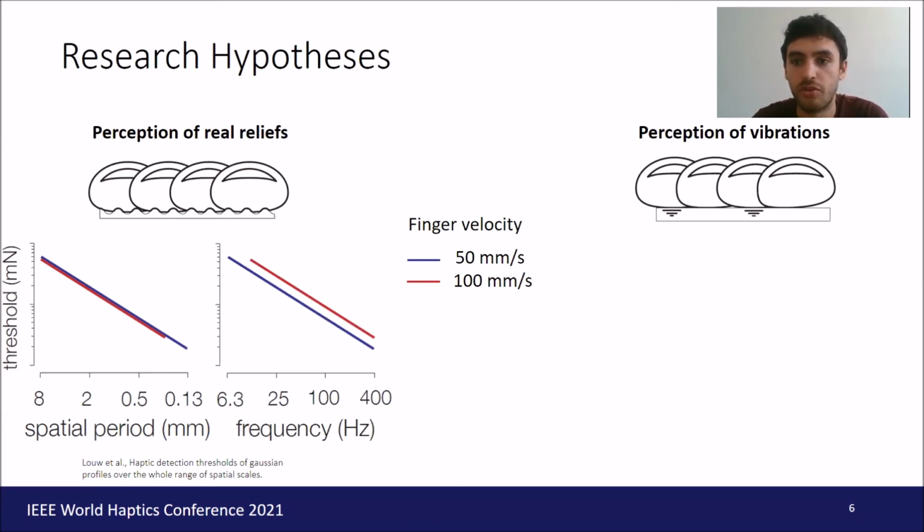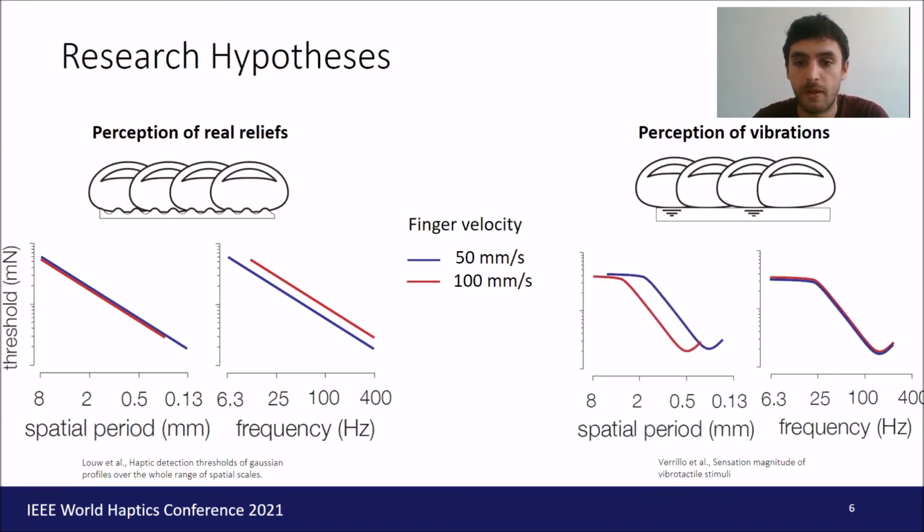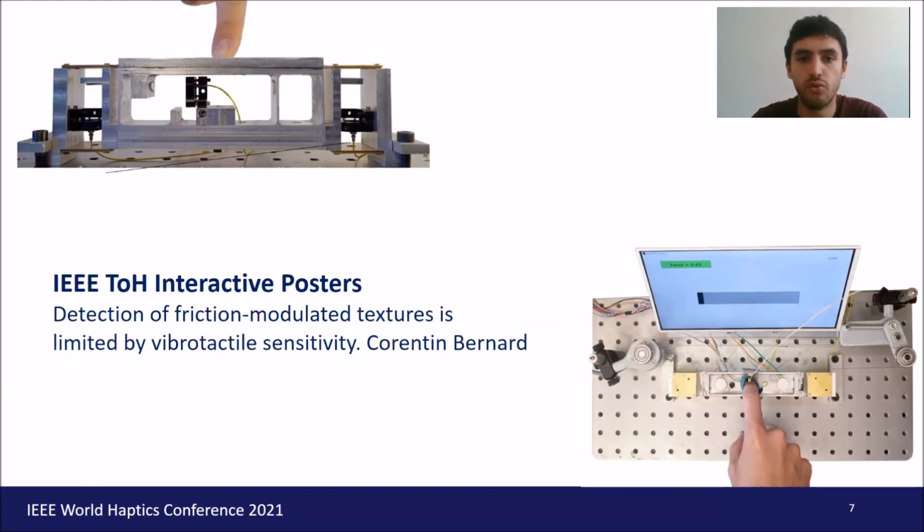With the second hypothesis, if the threshold of friction-modulated gratings are the same as vibrations, it would lead to threshold curves with a different shape, and the thresholds as a function of the spatial period would be dependent on the finger velocity.